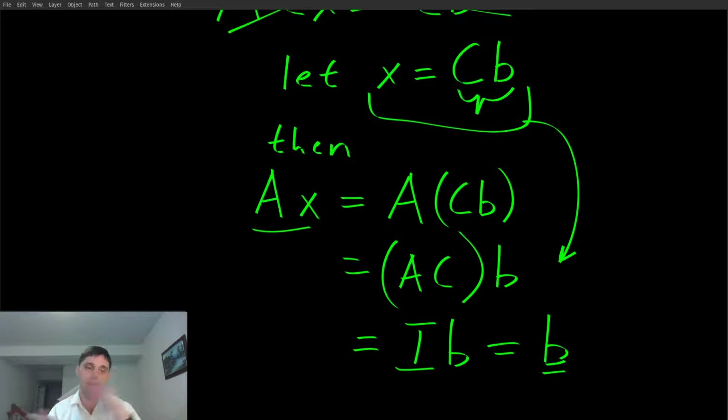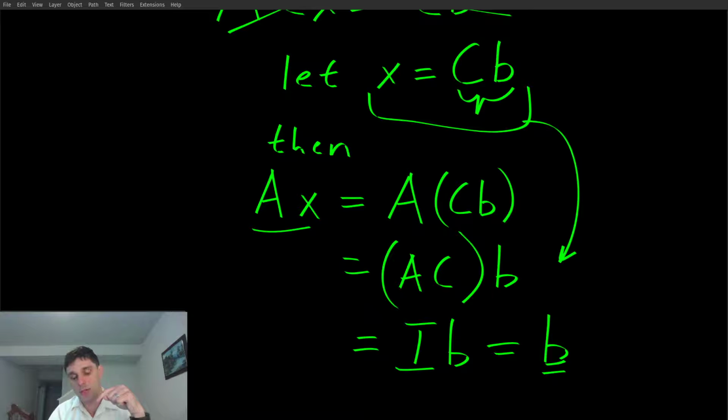But we haven't said anything about the uniqueness of it, which is actually the opposite of what we did the other time, where we said if there's a solution ax equals b, then x equals cb is that solution, right? This relates to the overdetermined and underdetermined system thing, because if there are many solutions, then the system is likely to be underdetermined, and if there's one or no solutions, then it's overdetermined, and those correspond.